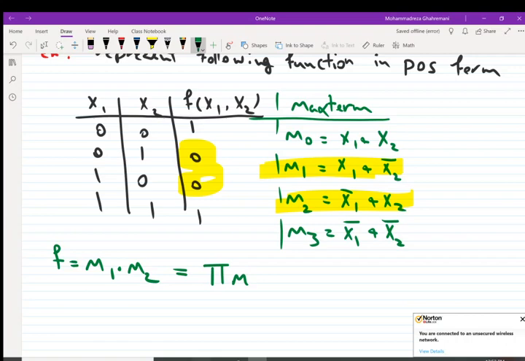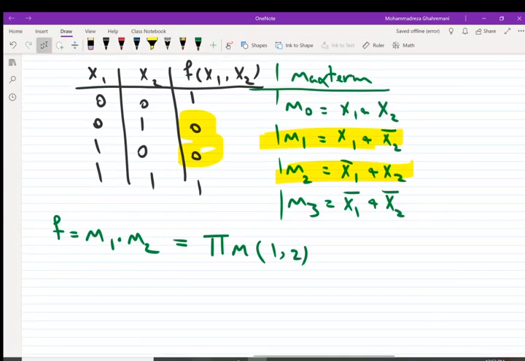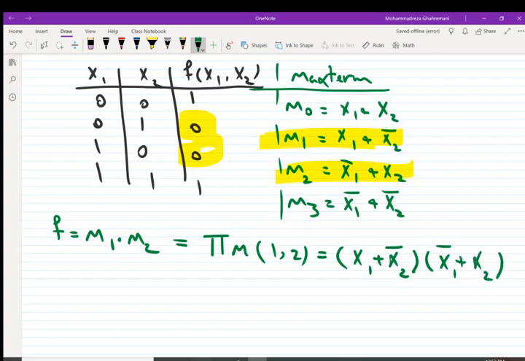So the product of max terms 1 and 2 is equal to x1 plus x2 bar and x1 bar plus x2. So now we represented this function in the form of a product of sum.